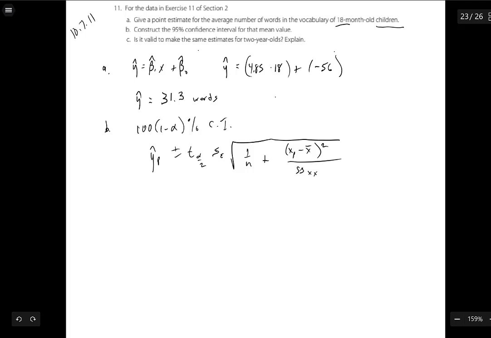And our t is going to be with the degrees of freedom of n minus 2 in this case.